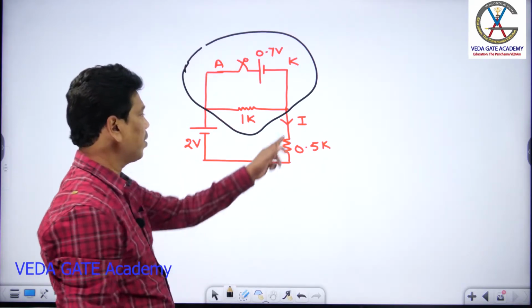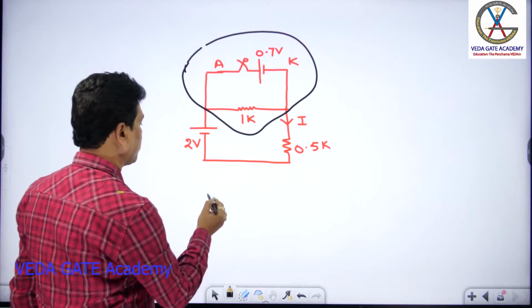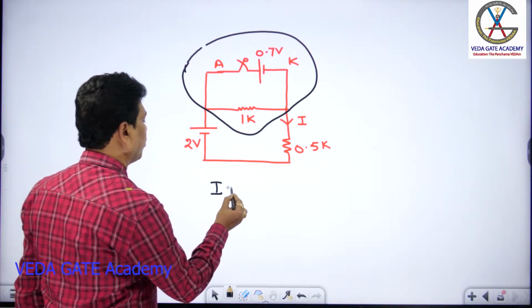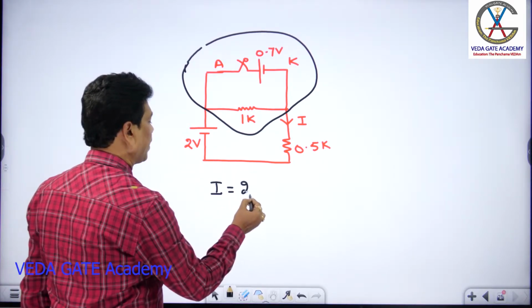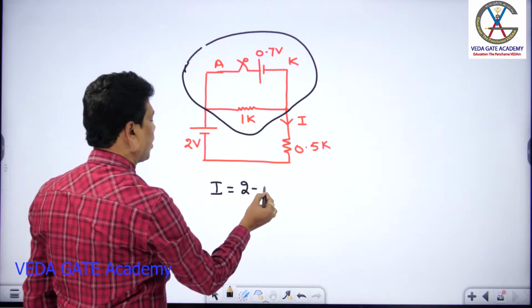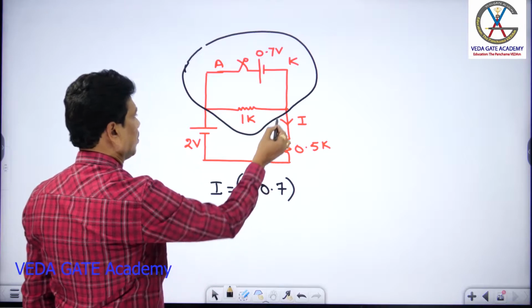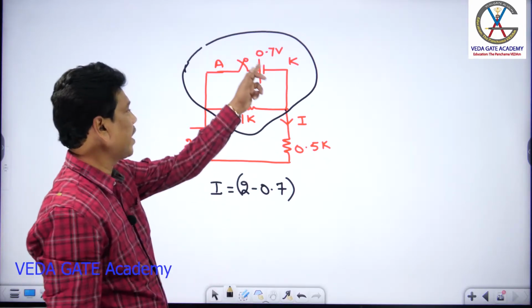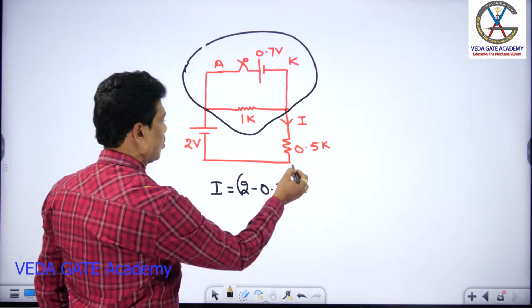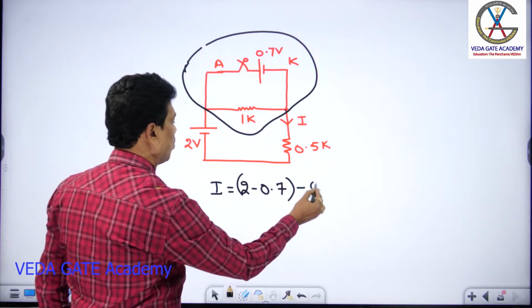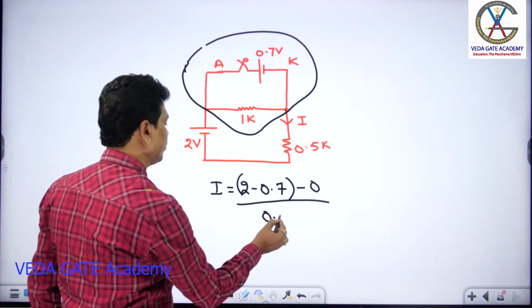Then for the corresponding current here, I equals 2 minus the drop, 0.7, so the voltage is 2 minus 0.7, and here this is a ground potential, that is 0, divided by 0.5 K.